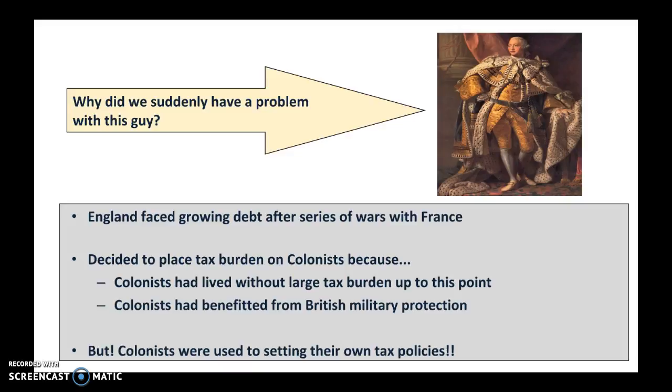And they were, in their own minds, totally free and able to do this, but the problem was colonists in North America, remember, were used to being almost neglected by the British government, were used to setting their own tax policies, and a lot of colonists got resentful over the fact that England, who'd been ignoring them for all of these years, is suddenly telling them what they can and cannot do with their own money.